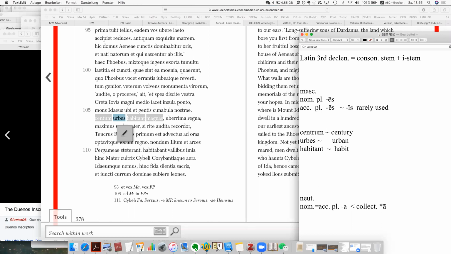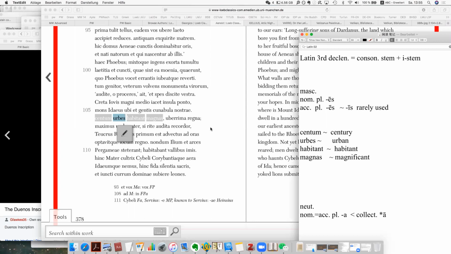In English, we also have habitant, which means the people living there. And then magnas, you probably also know that it's great, magnificent.